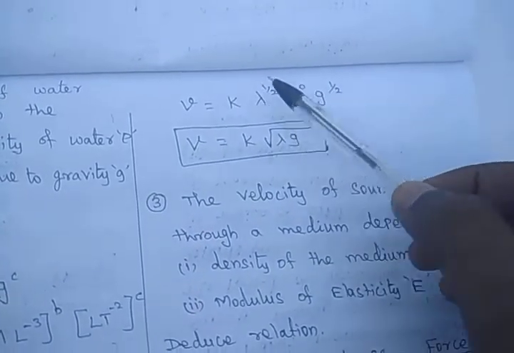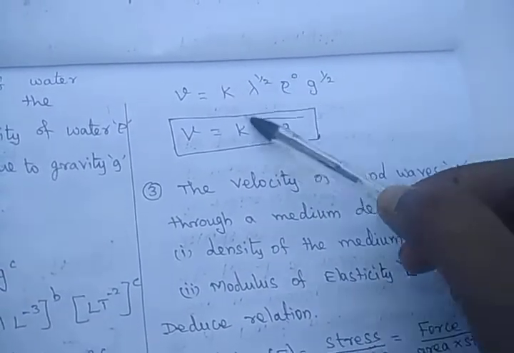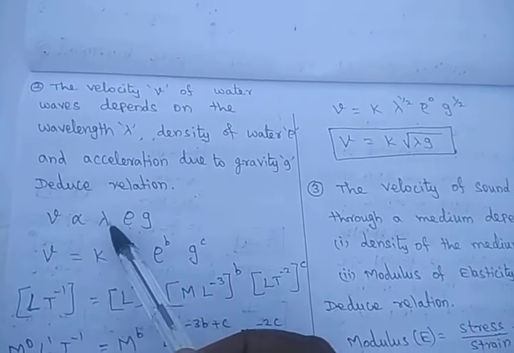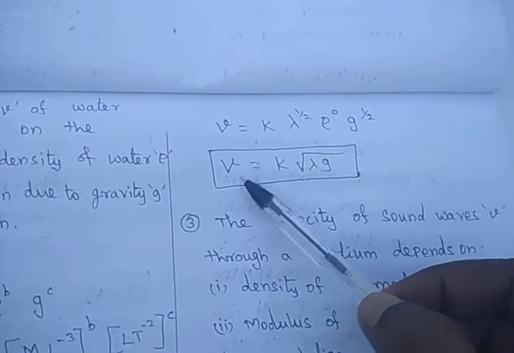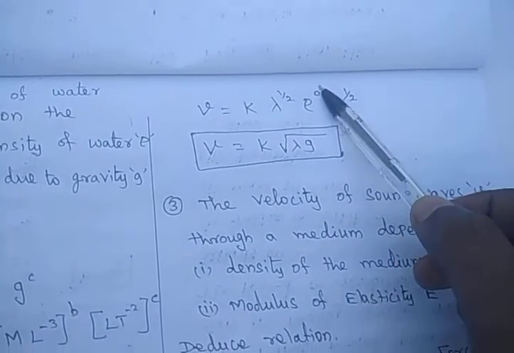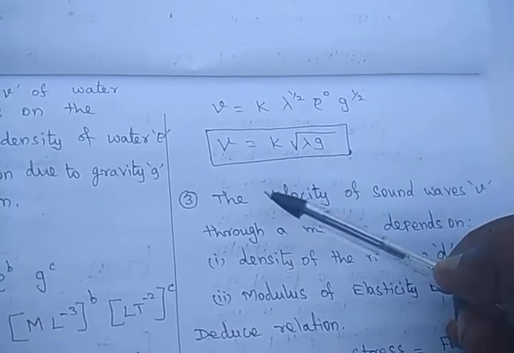So 1 by 2 is a root, and simply we get v is equal to k root of lambda g. This is the relation: v is directly proportional to root of lambda g. Rho is not at all playing any role. It is proved evidently by dimensional analysis.